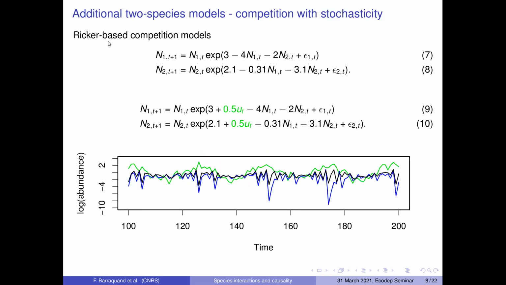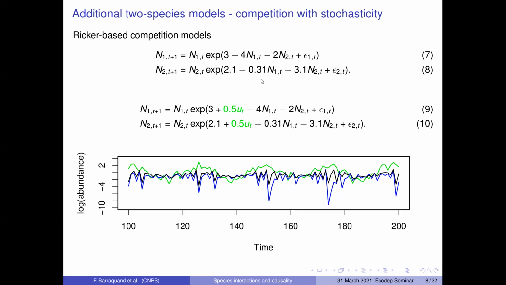Now we have crafted models of our own, these Ricker-based competition models. So the previous model I showed you is a little bit ill-behaved. It can have negative densities. And so we have put the Lotka-Volterra interaction term within an exponential here. It's called a Ricker model in population ecology.